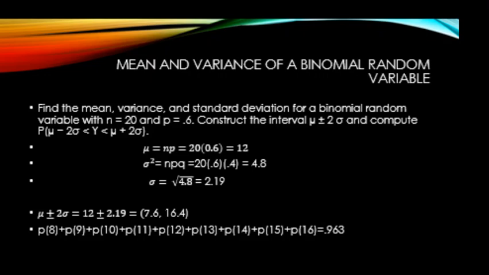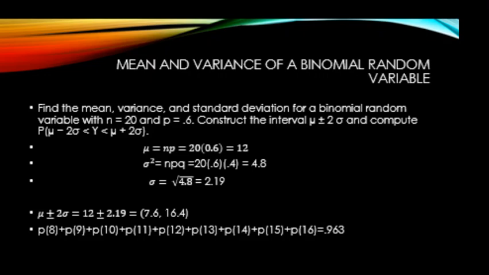Now using these values, we can create the interval mu plus and minus 2 sigma. So 12 plus and minus 2 times 2.19 gives our approximate interval of 7.6 through 16.4. To compute the probability within this interval, we need the probabilities at 8, 9, 10, 11, 12, 13, 14, 15, and 16.